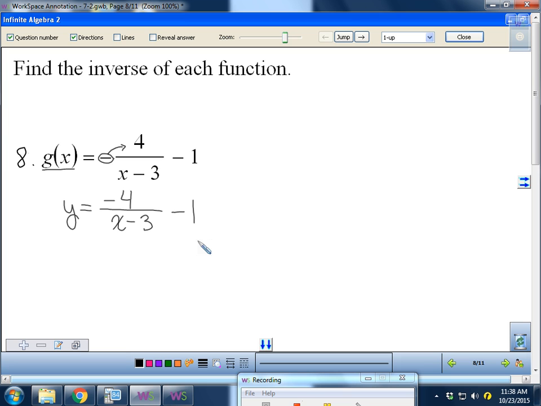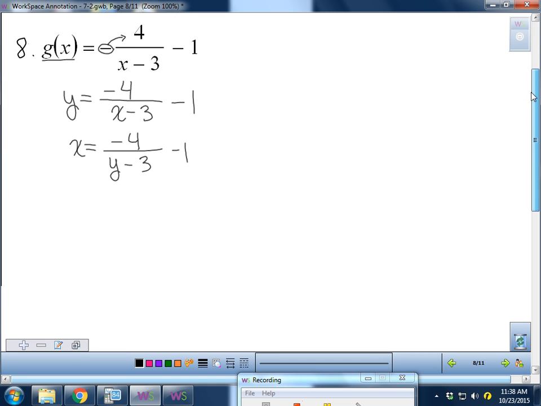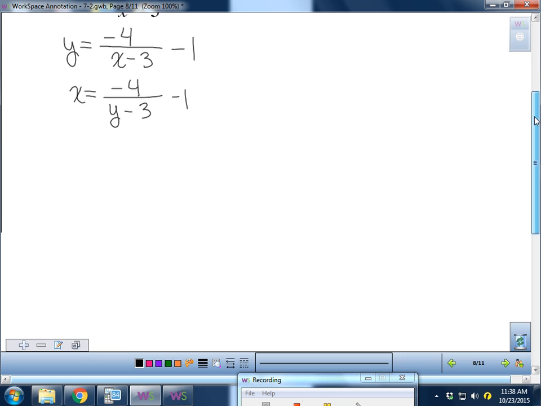All right. So after we've replaced and we have a y and an x and we have moved a negative, if there's a negative here, move it on top, we're going to switch the x and the y. So x was now in the y spot and y will now be in the x spot. Okay? All right.